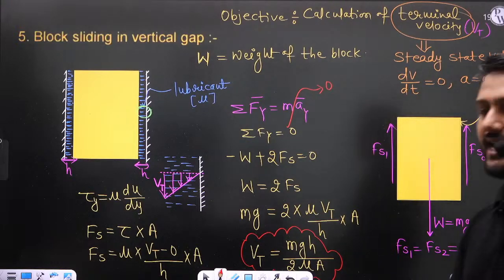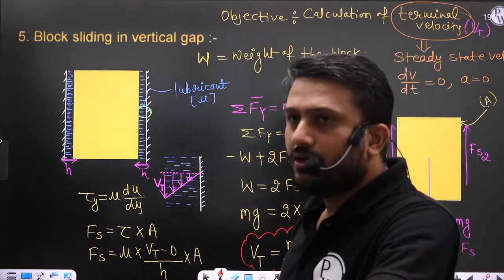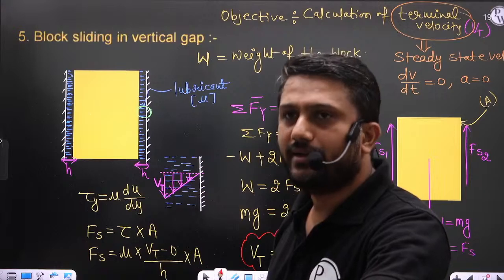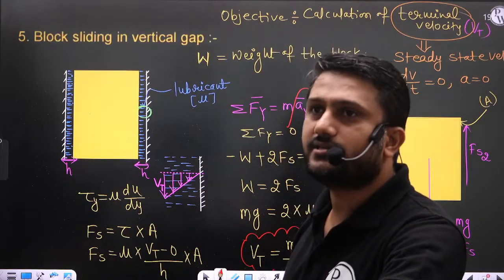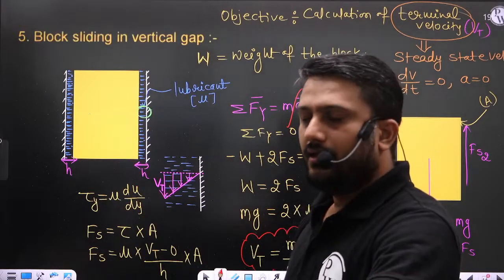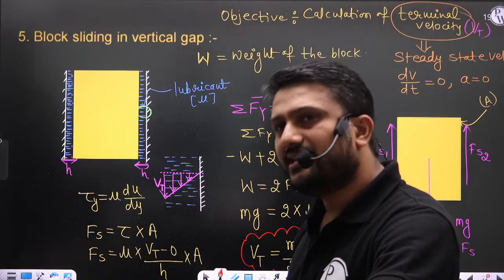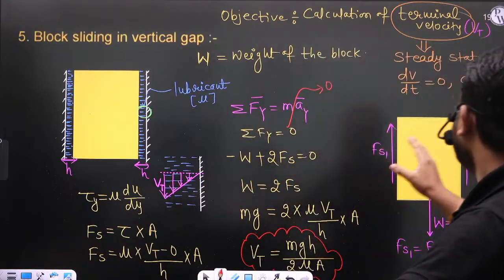So if someone asks you what is the terminal velocity of the block, you can easily find it. So what is the terminal velocity, beta? Terminal velocity is the velocity at which acceleration is 0, or simply you can say steady state velocity.